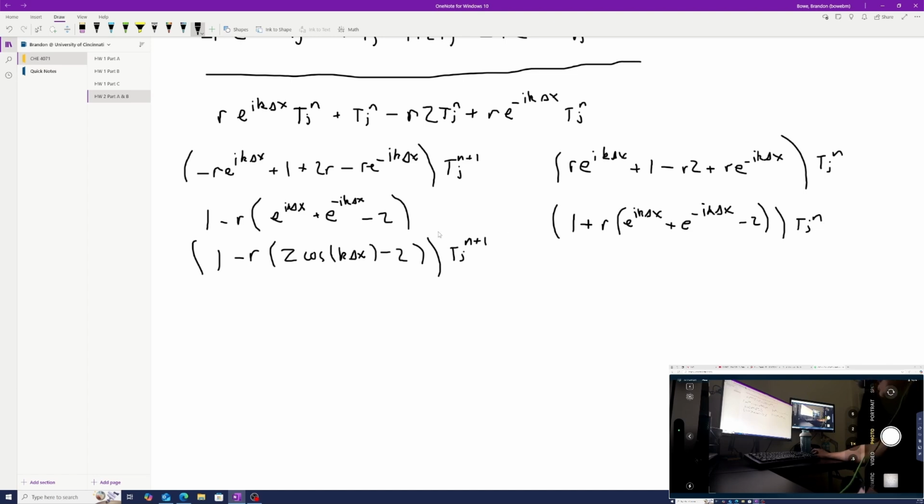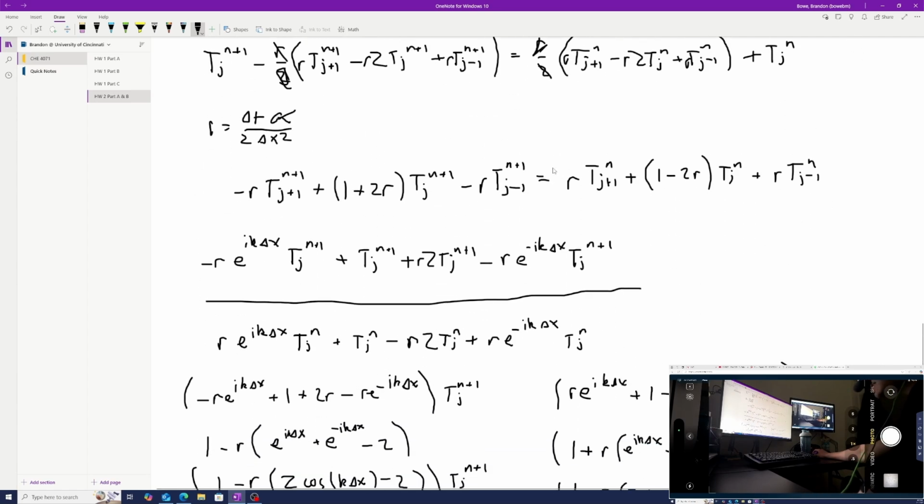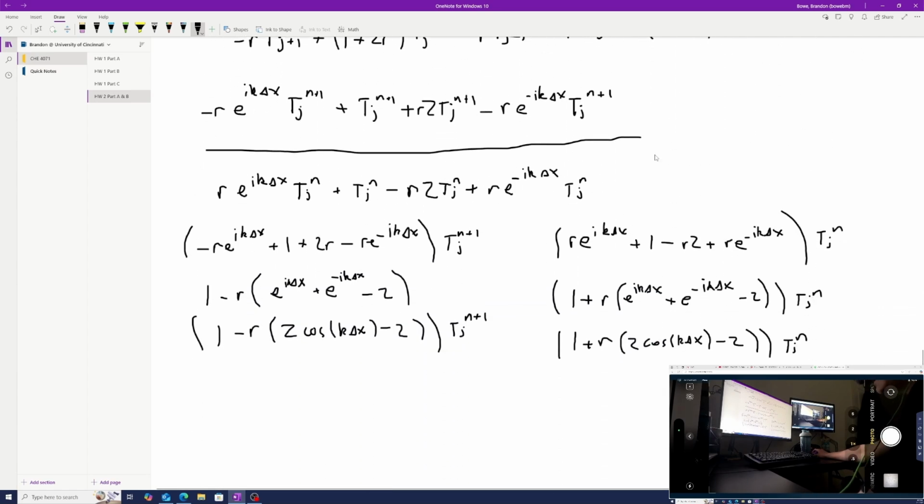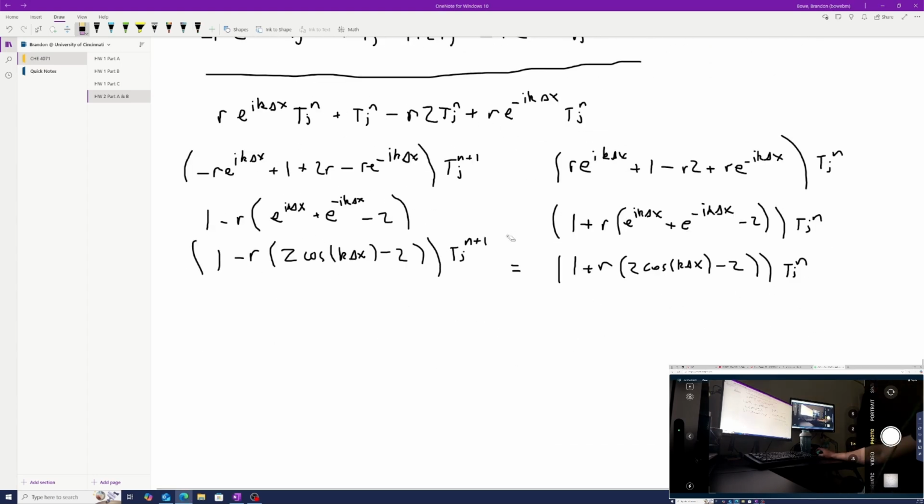So now we have our two sides. I guess this needs to be turned to cosine, so we'd end up with 1 plus r times 2 cosine k delta x minus 2 times tjn. So we have this equal sign that we have kind of ignored until now, but these two sides are equal to each other.